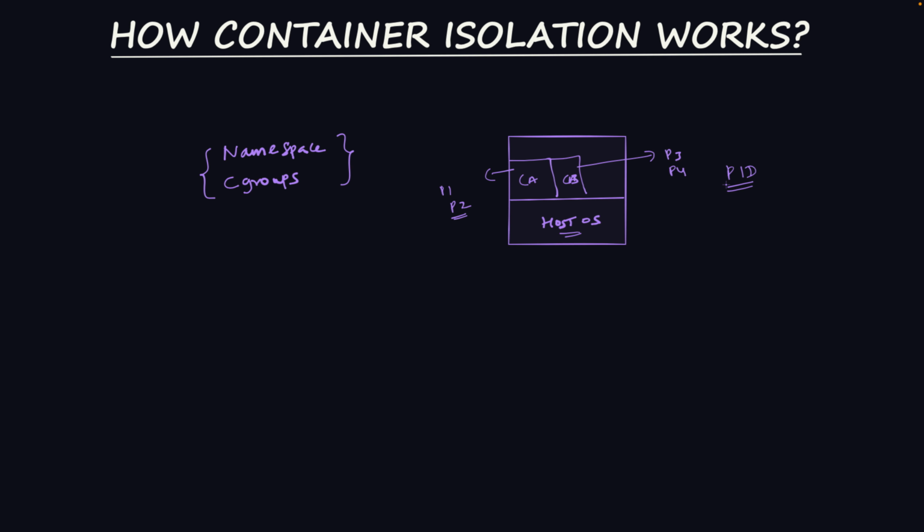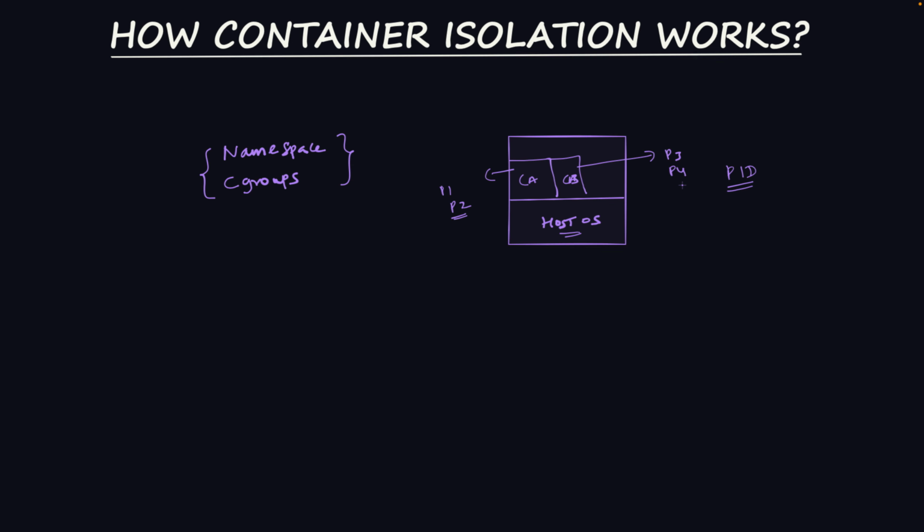And these namespaces will be unique among containers. So each container will have their own unique namespace. This way, the process that are running within a container will be able to see other processes running within the same container, but they'll not be able to see processes from other containers. Okay, but host operating system being the king, it will be able to see all the process whether it is running inside a container or not.